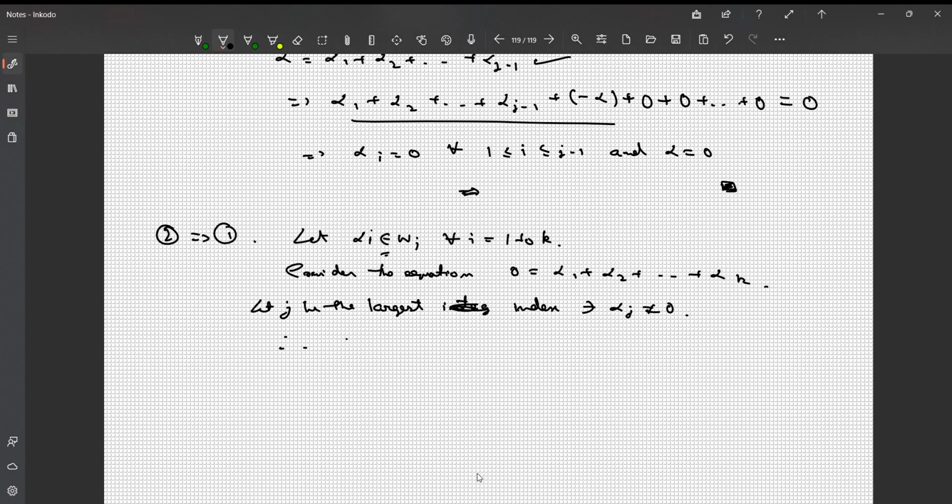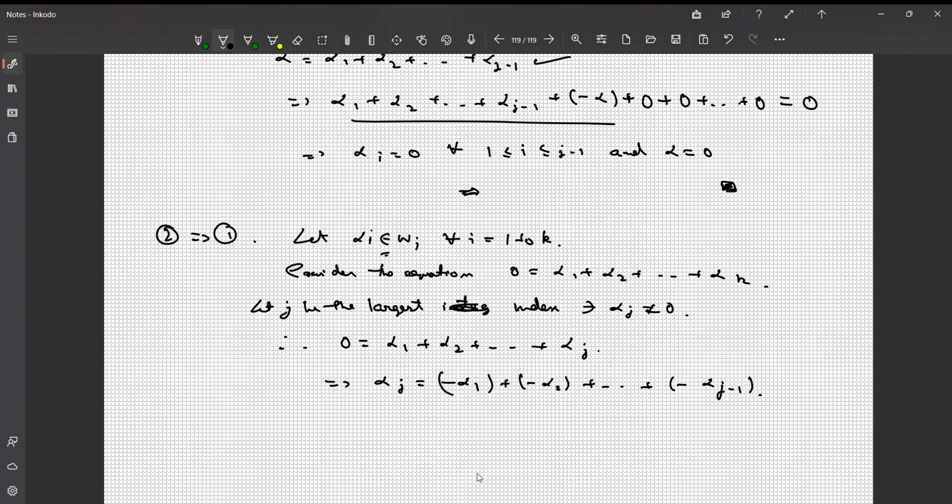So therefore 0 is equal to alpha 1 plus alpha 2 and so on till alpha j, right? But from here we have this implication that alpha j can be written as minus alpha 1, in brackets, plus minus alpha 2 and so on till plus minus alpha j minus 1, right?